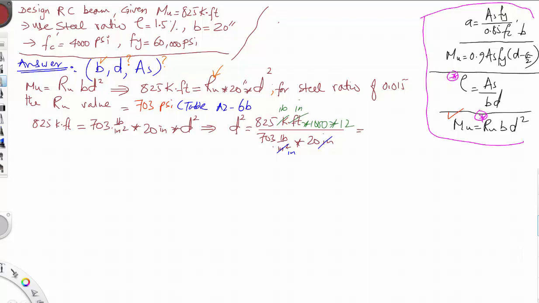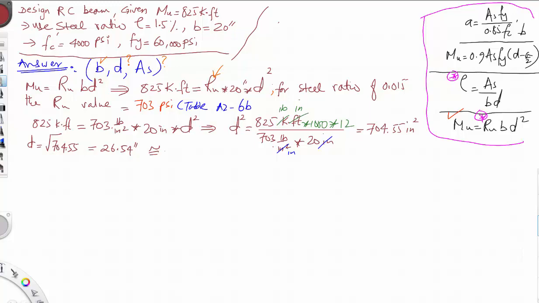And the answer is equal to 704.55 inch square, because the D is square. So the value of D is the square root of that, and is equal to 26.54 inches.